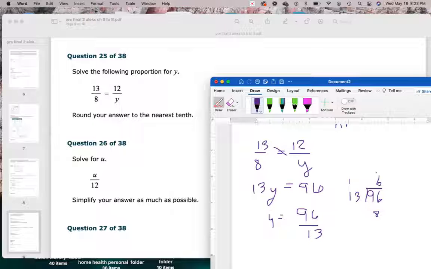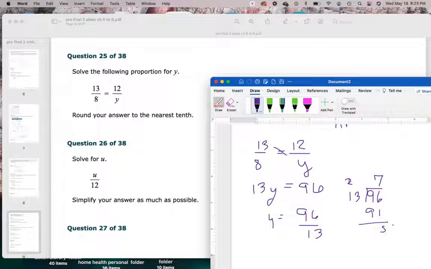I think it's going to go one more time, so we're going to bump this up to 7 times. 7 times 3 is 21. Carry the 2. 7 times 1 is 7, 8, 9. With 5 left over. So remember, we're supposed to round this to the nearest tenth.